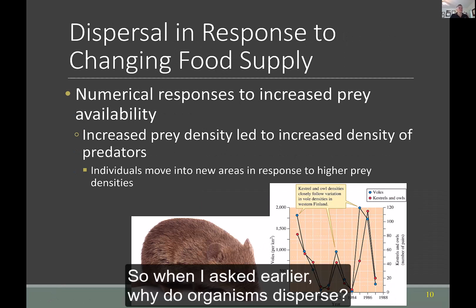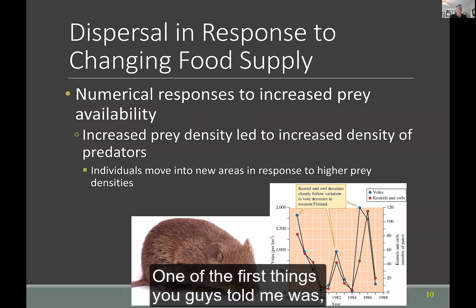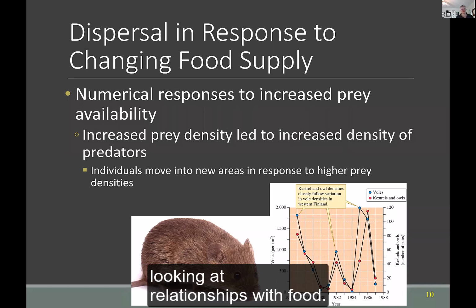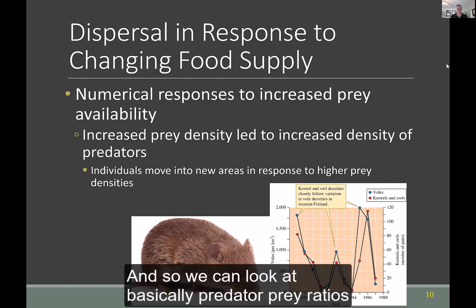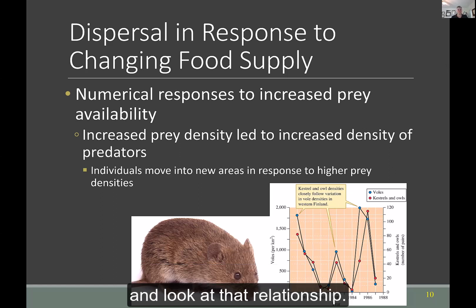When I asked earlier why organisms disperse, one of the first things you told me was looking at relationships with food, right? And so we can look at predator-prey ratios and that relationship.